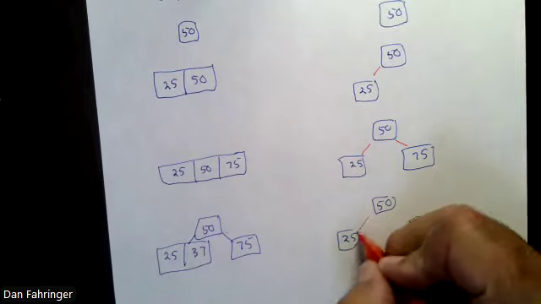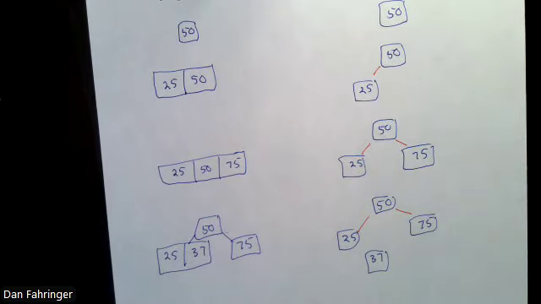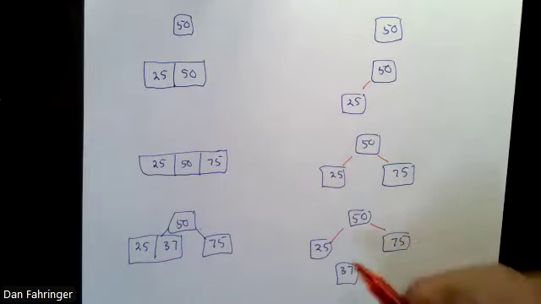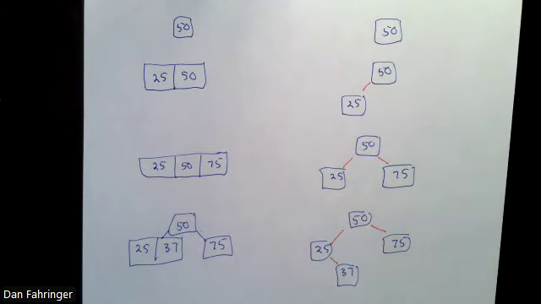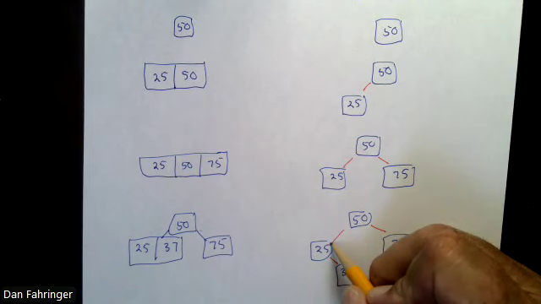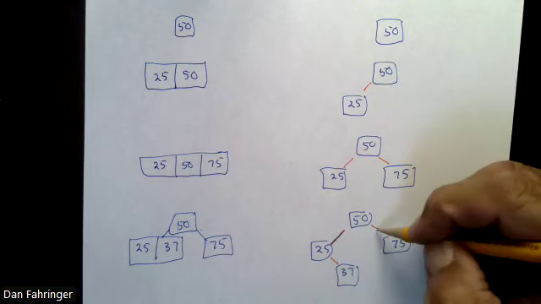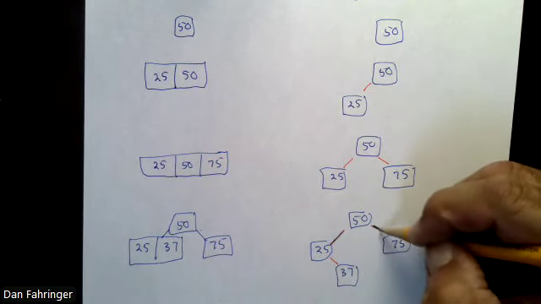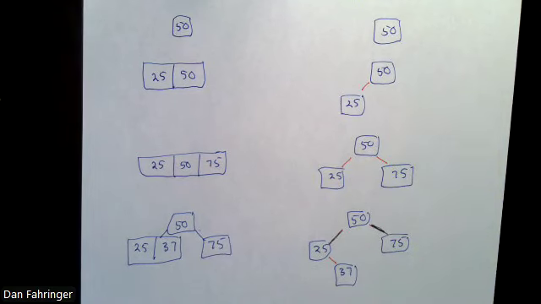We were sitting with red and red from up above. We added it as a red and we went, no, blow it up. This now became black. This now became black. So the left and the right.